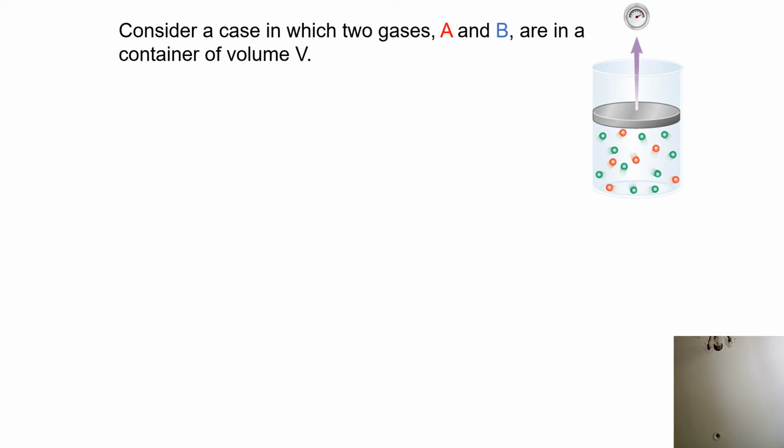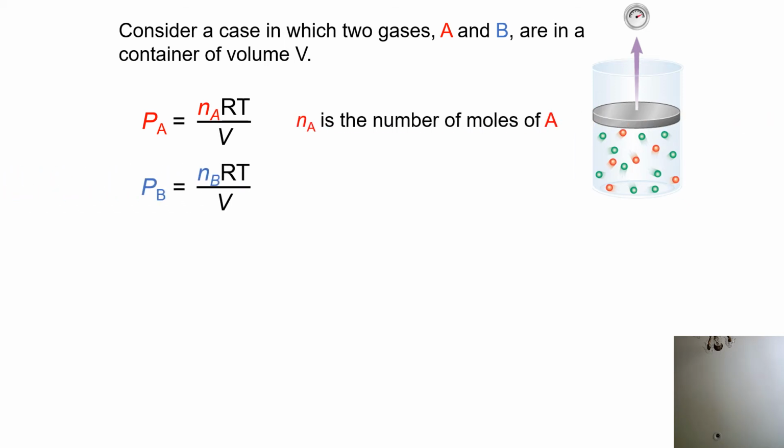And we're going to consider two gases, A and B, in a container of a fixed volume. Okay. So individually, we can calculate the pressure of gas A using PV equals nRT and the number of moles of gas A. And we can calculate the pressure of gas B using the number of moles of B. And if you look at the mixture here, the moles of each gas do not appear to be equal.